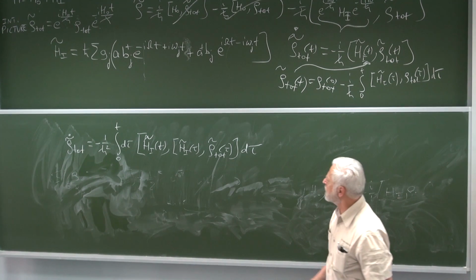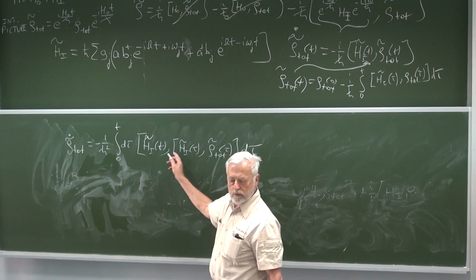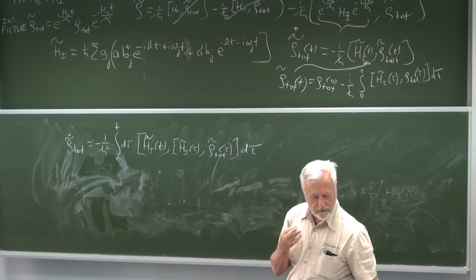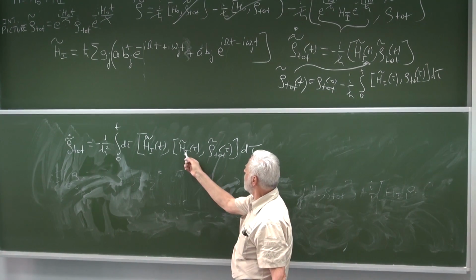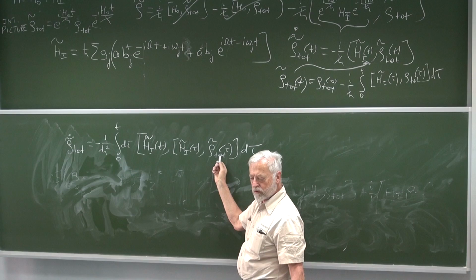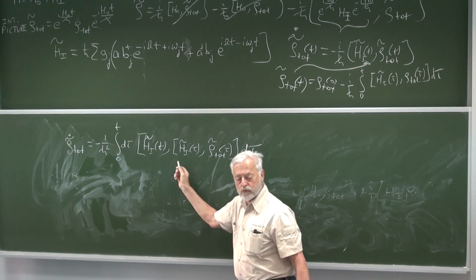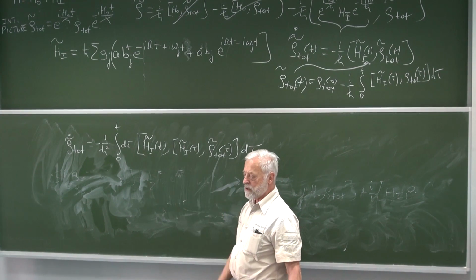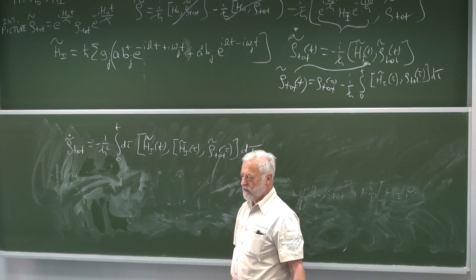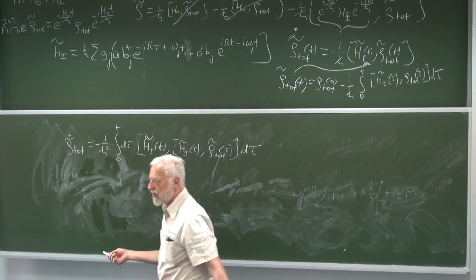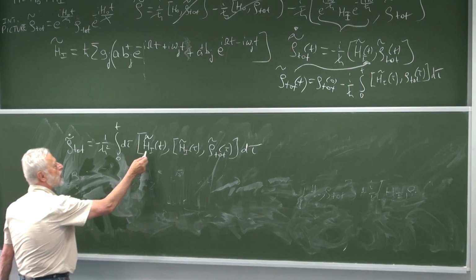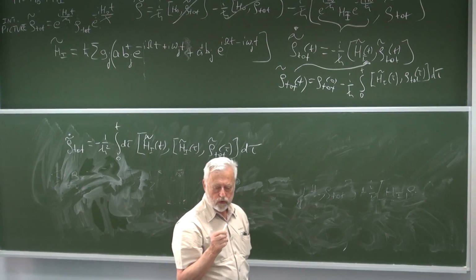First of all, we see that if I would work out this double commutator, then I would have terms of three different types. Either two Hamiltonians will be on the left of rho, or two Hamiltonians will be on the right of rho, or rho will be sandwiched between two Hamiltonians. So there are three types of terms. Now, each of these Hamiltonians is the sum of two terms.